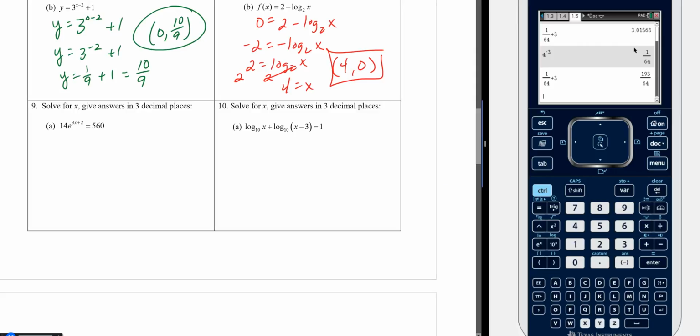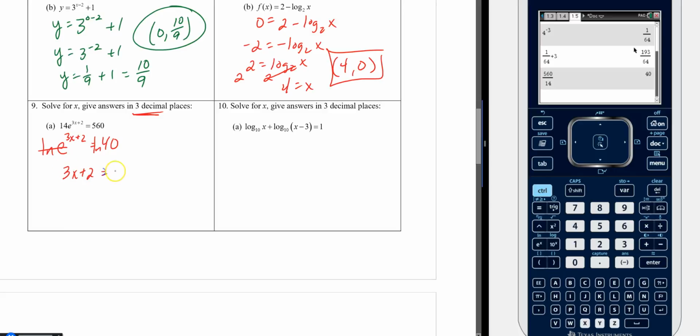9. Solve for x. Give answers to 3 decimal places. So to solve for x, first thing we're going to do is divide by 14. So e to the 3x plus 2 is equal to 560 over 14, which is 40. We're going to take the natural log of both sides. So 3x plus 2 is equal to the natural log of 40.